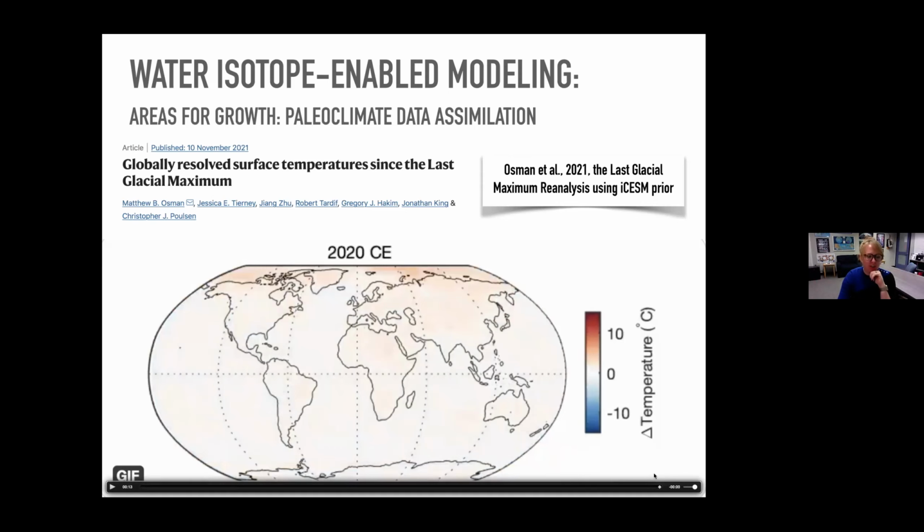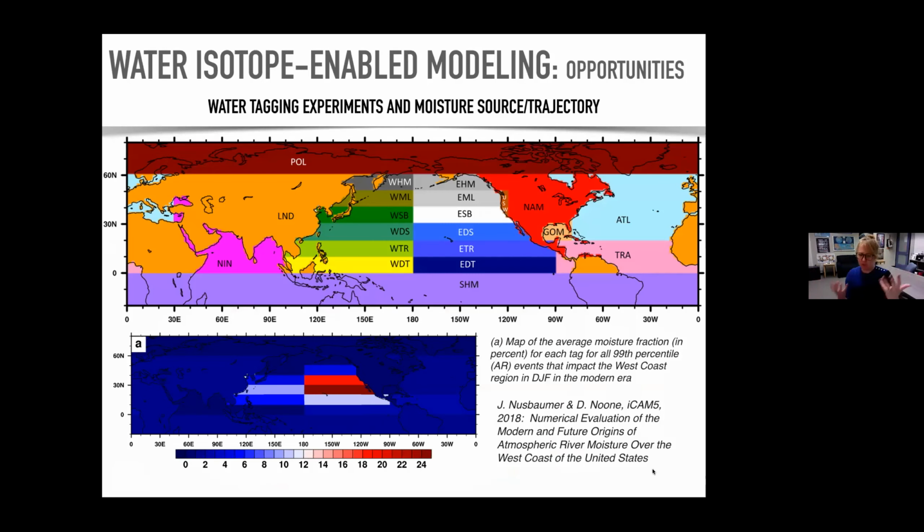As was mentioned earlier, water tagging experiments and identifying moisture source and trajectory is also a really key area that we could expand in. These are some figures from Jesse Nusbaumer and David Noone's paper looking at atmospheric rivers in the Western United States.